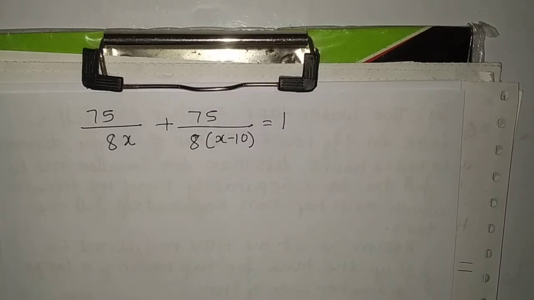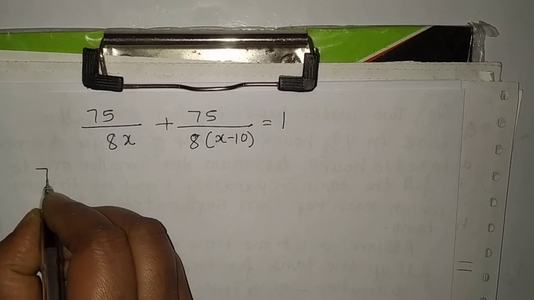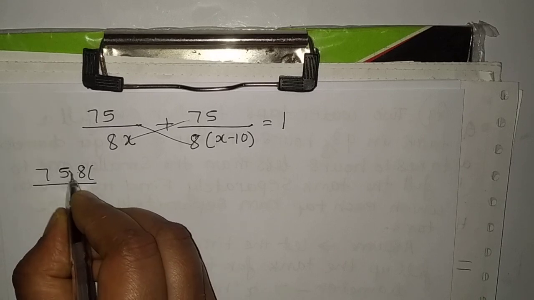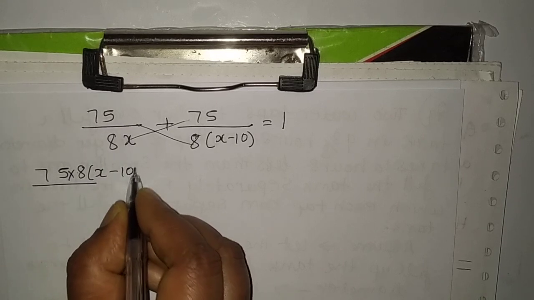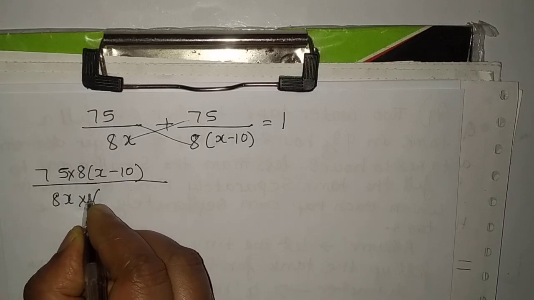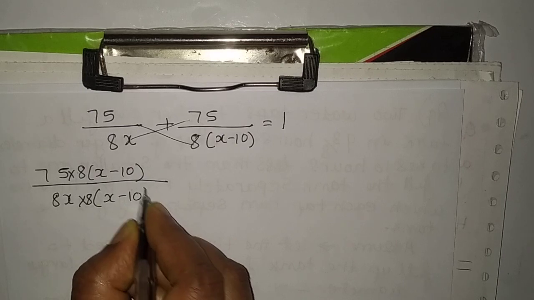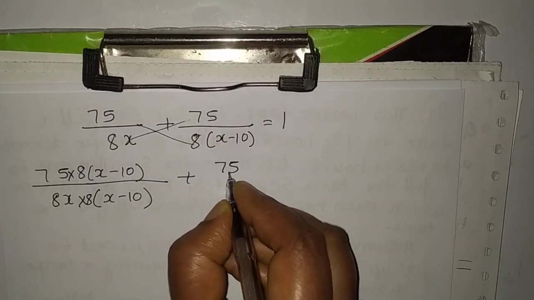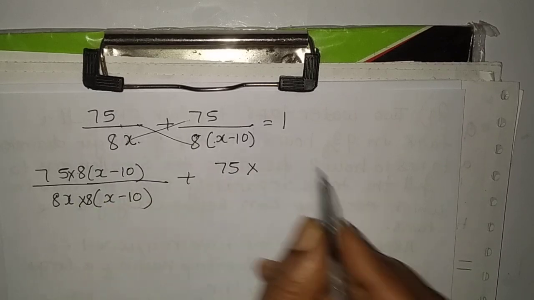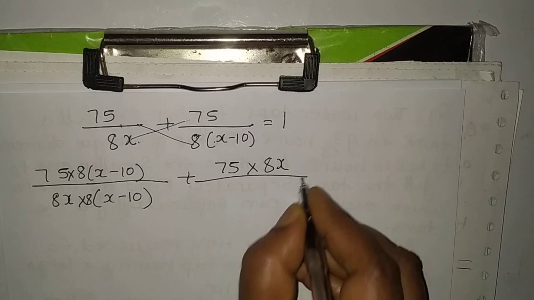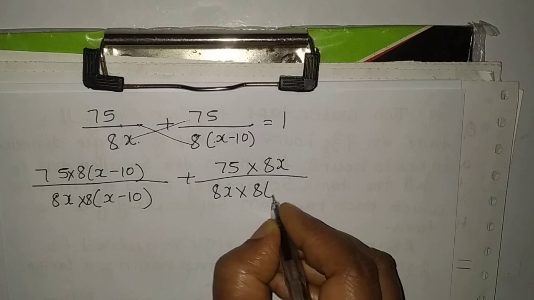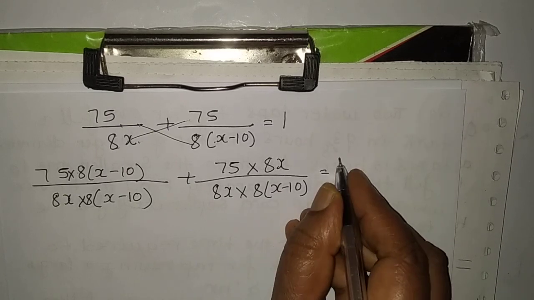To simplify, first take this 75, cross multiply, put 8 here, into 8(x minus 10), by again 8x into 8(x minus 10), plus 75 into 8x, by again write down both, 8x into 8(x minus 10), is equal to 1.